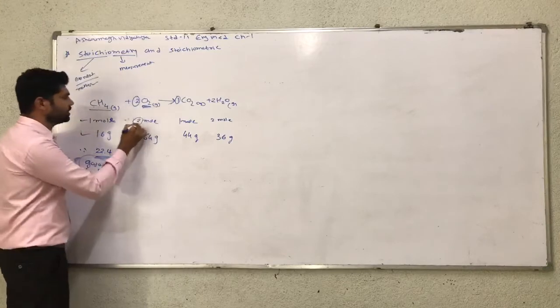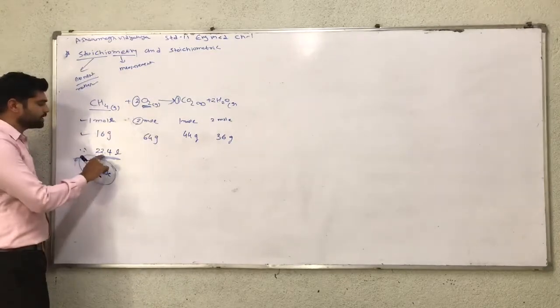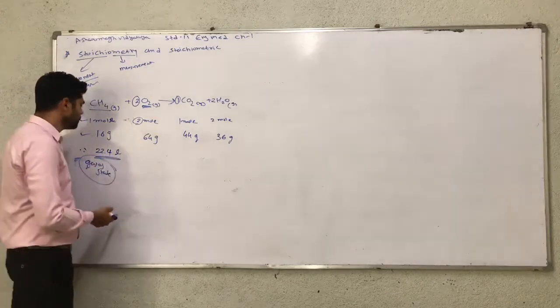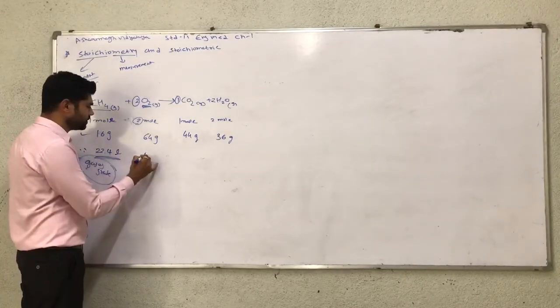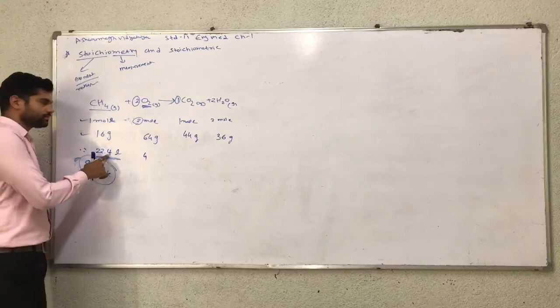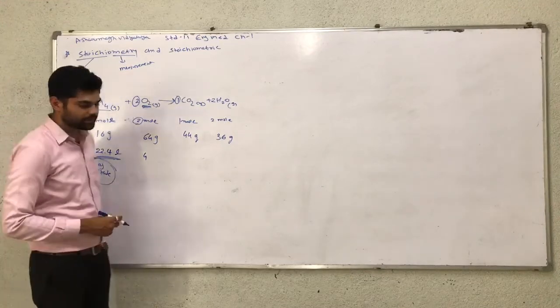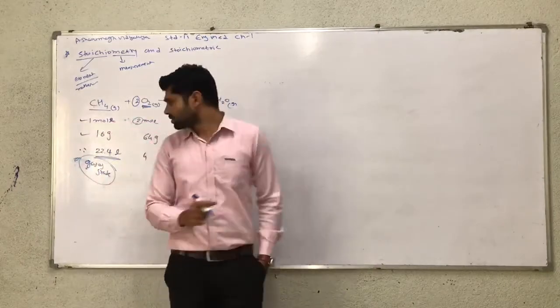So here how many moles? 2 moles. 1 mole means 22.4, therefore 2 moles means 22.4 multiplied by 2.